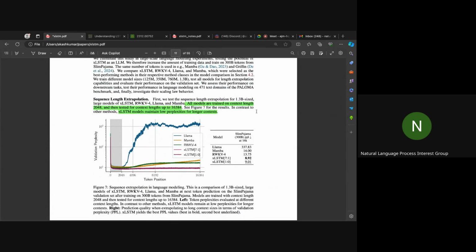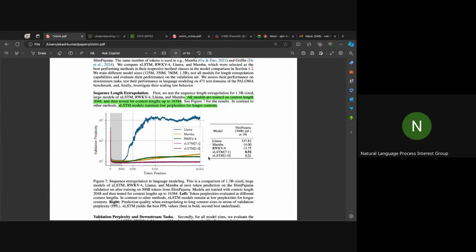Another interesting thing is that we know that typically in transformer models, the performance of the model starts to degrade on sequence lengths which are higher than what the model has been trained on. But we don't see that kind of behavior with the xLSTM architecture.